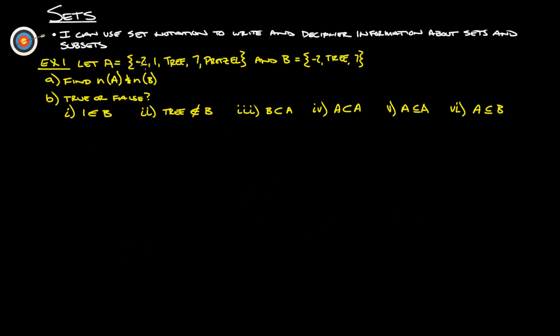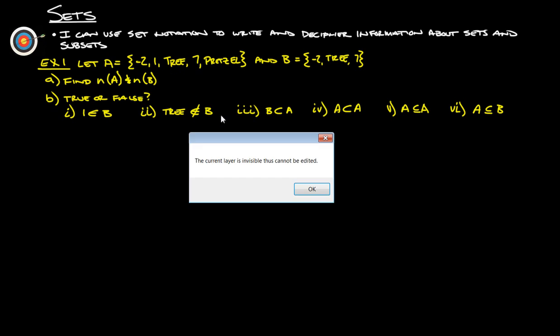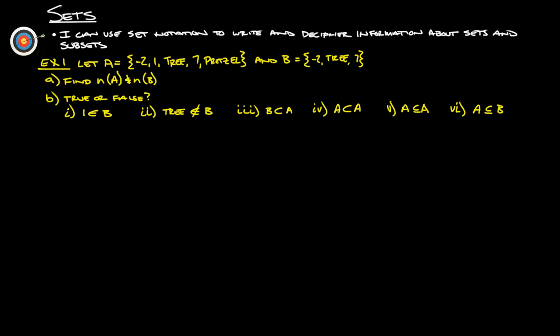So number of elements in A, 1, 2, 3, 4, 5 things. N of A is 5, not 3, 5. And then N of B, number of things in B, 1, 2, 3.